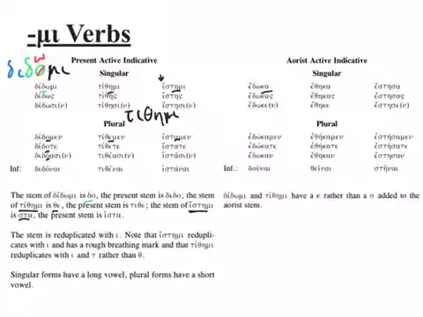But how you're going to know the difference is there's no reduplication. There's the augment too, but that's a past-time morpheme. You have the past-time morpheme, which the perfect doesn't have, but you also don't have the reduplication.